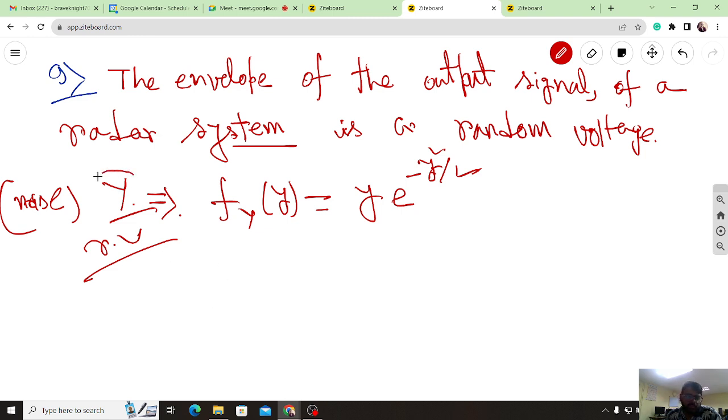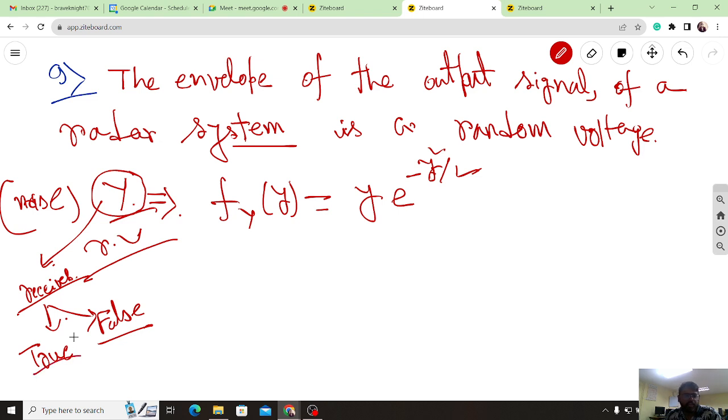As this y is a received signal, it may have two cases. First, it gives a true value or a false value when it triggers. Like this radar is receiving, probably we need 100 voltage, or 5 voltage. Let us think like that. So there are two conditions.